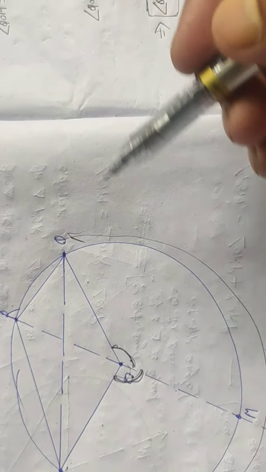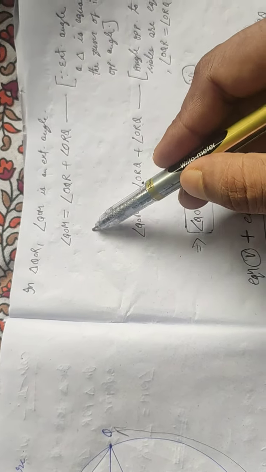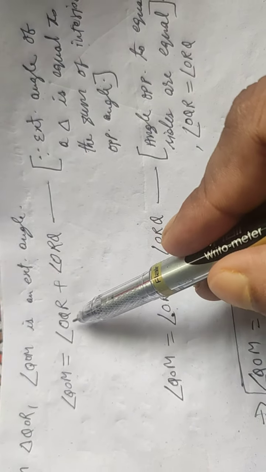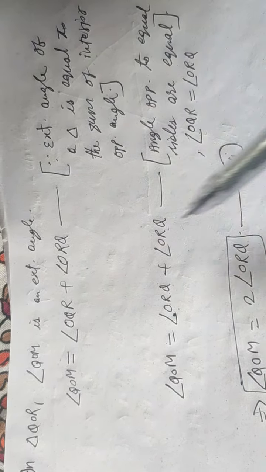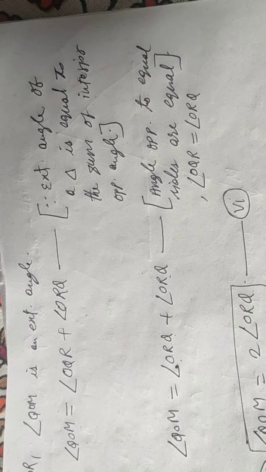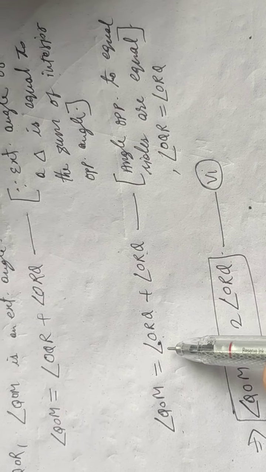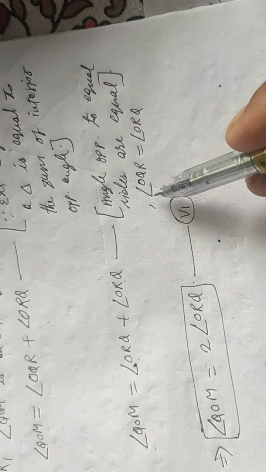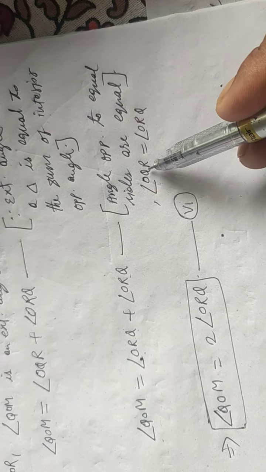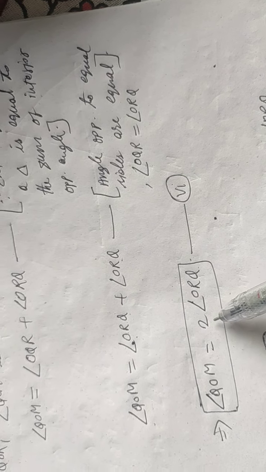So here the same property, angle QOM is equal to angle OQR plus angle ORQ. Reason, the same reason. Now, angle QOM is equal to angle ORQ plus angle ORQ. Reason, angles opposite to equal sides are equal. Angle OQR is equal to angle ORQ. So angle QOM, what do we get? Twice of angle ORQ. Put this as equation 6.